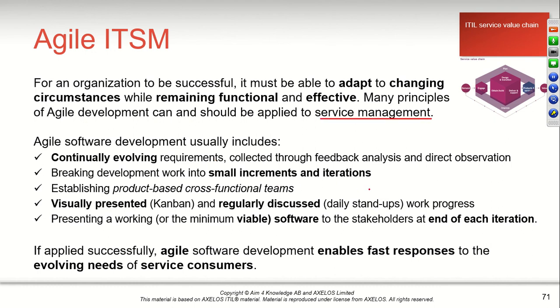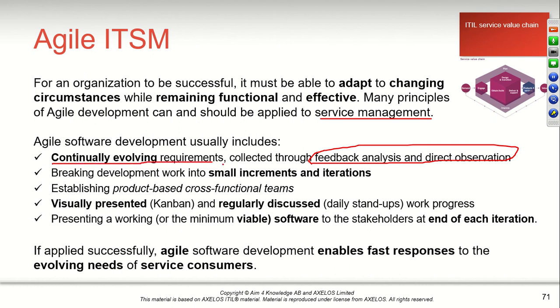And under the agile software development, we have these points to mention. The first one is that in agile software development, there is always a provision for feedback analysis and direct observation. And this will ensure that the requirement is evolving continuously.